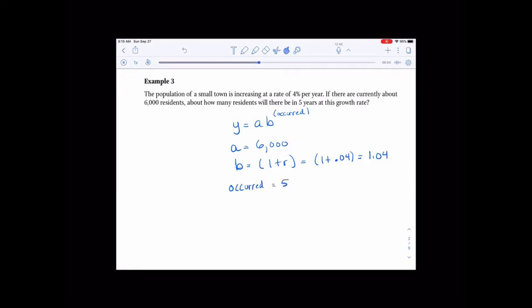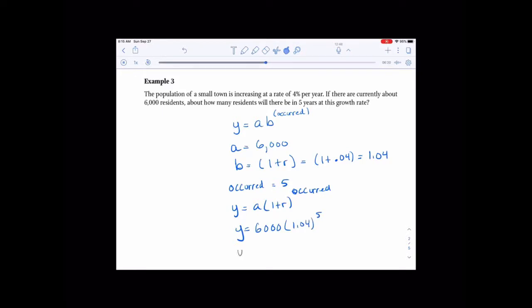Let's substitute these values in. So we really have y is equal to a times 1 plus r raised to the amount of times it has occurred. So our final population would be y equals 6,000 multiplied by 1.04 to the 5th power.